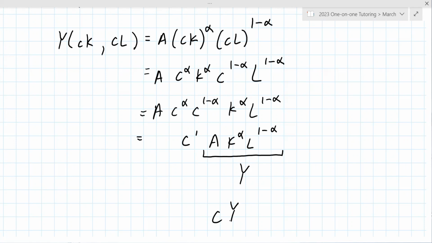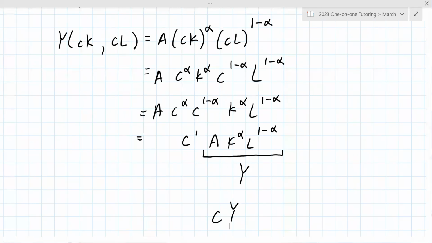Right. If you made one exponent C squared and the other C cubed, you would not see constant returns. It would be bigger than that, but that's not what it's asking for here.